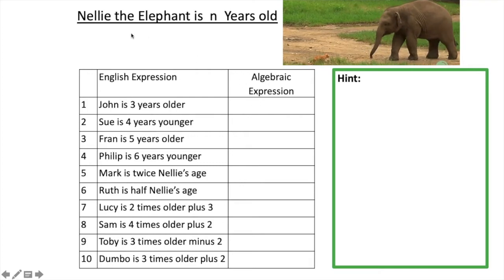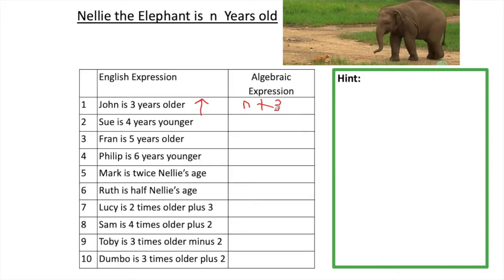So let's say that we've got Nellie the elephant who's N years old and John is 3 years older. What does older mean? Well, older means we are going to increase. So if Nellie is N, we're going to say N plus 3.